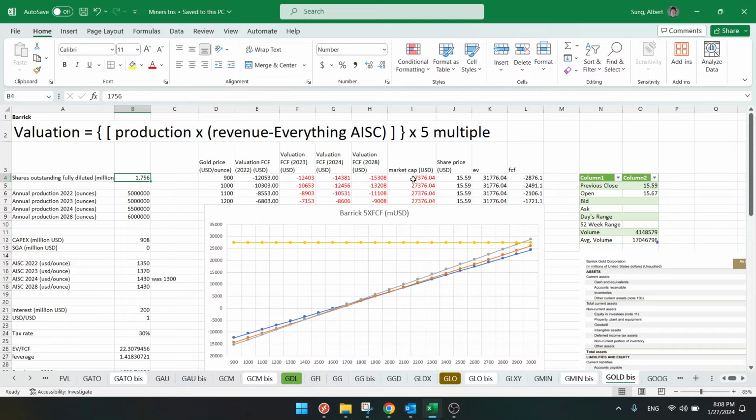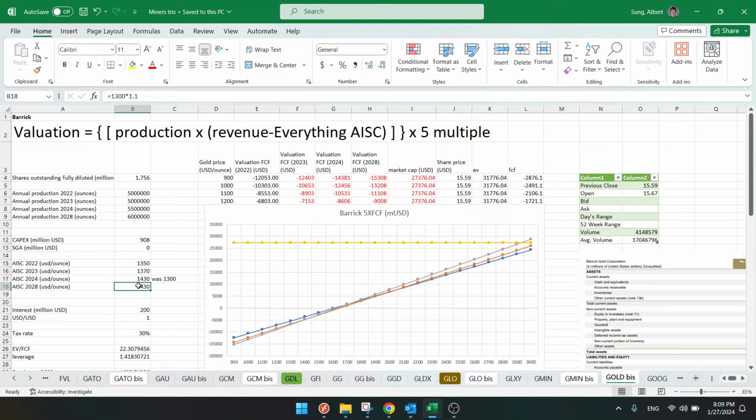We have this amount of shares, a market cap of 27 billion, 30 billion enterprise value, production going up as a function of time. Capex is 900 million. Let's keep this constant. They will need to use capex each year probably. All-in sustaining cost was 1350, going to 1400 next year or this year.